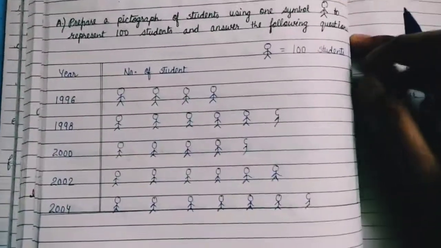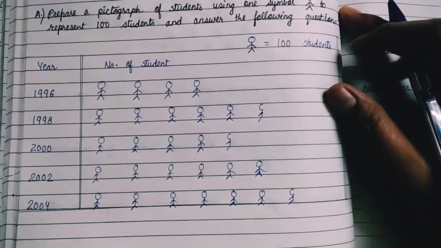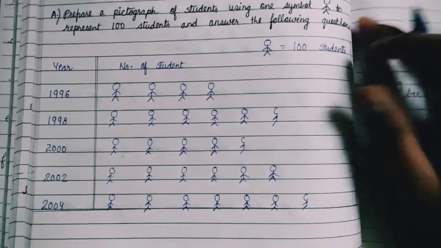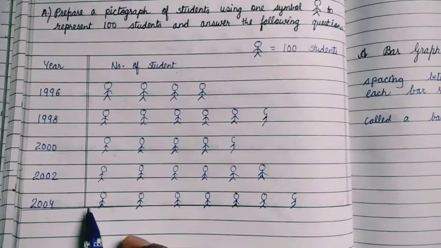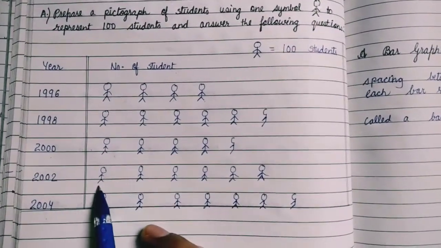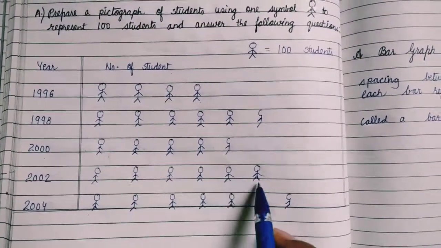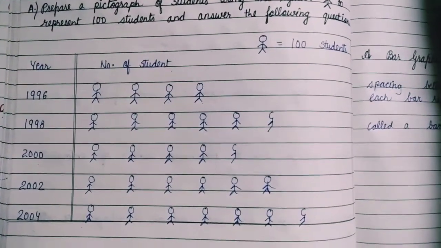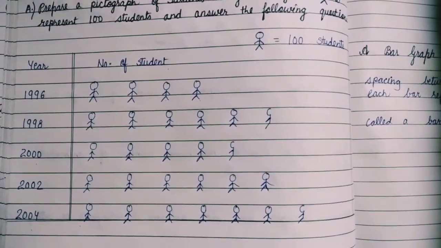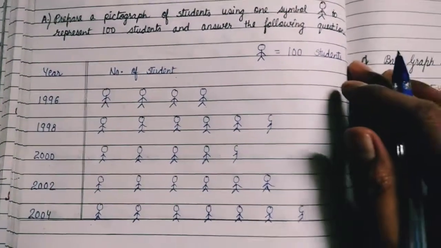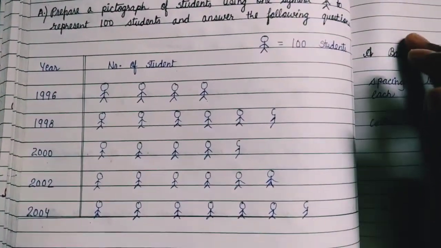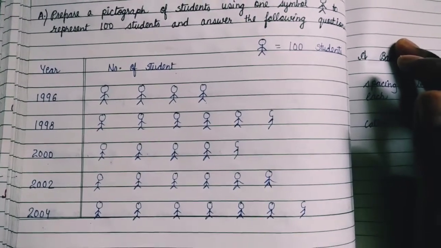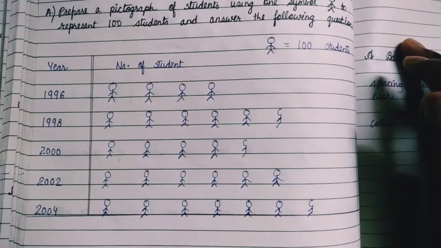First one: how many symbols represent total number of students in the year 2002? In 2002, how many symbols are we using? We are using 1, 2, 3, 4, 5, 6. So first answer is 6 symbols. And B question is, how many symbols represent total number of students for the year 1998?